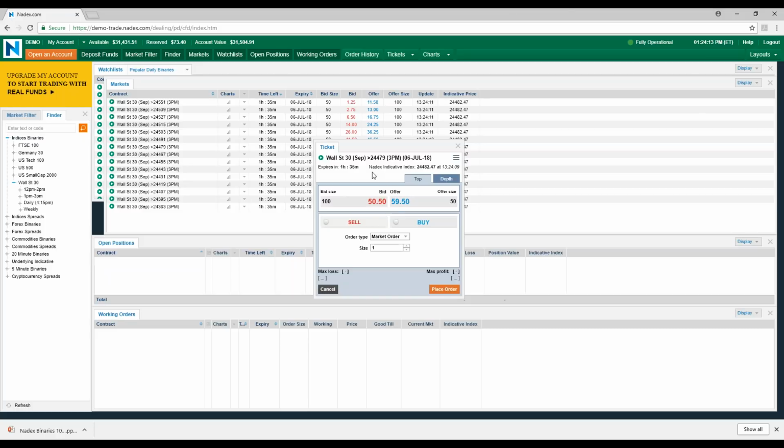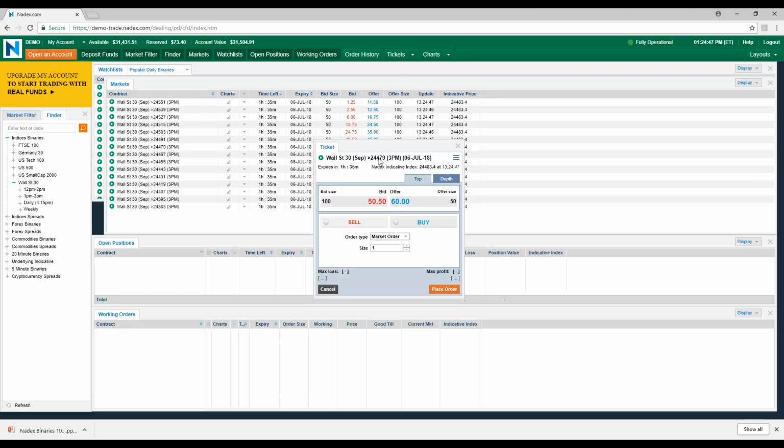So, very, very important here, because Kenneth says, how about if it's equal at expiration? Kenneth, what does this statement say right here? Wall Street 30 will be at 24,479, or it will be greater than 24,479.